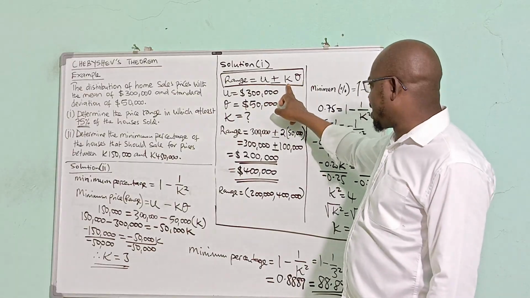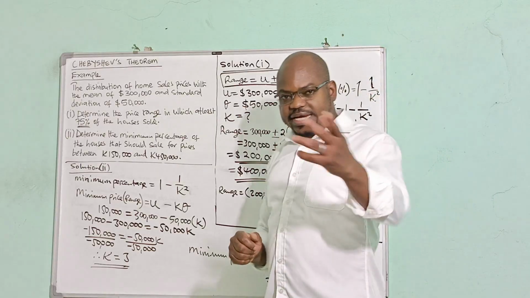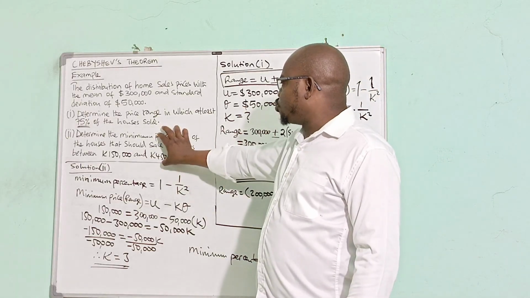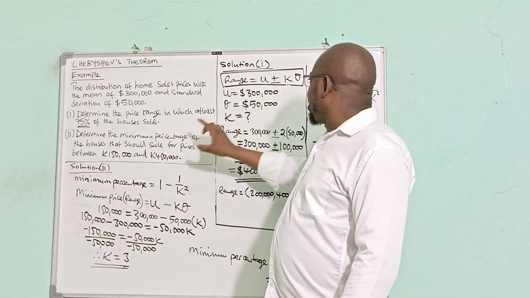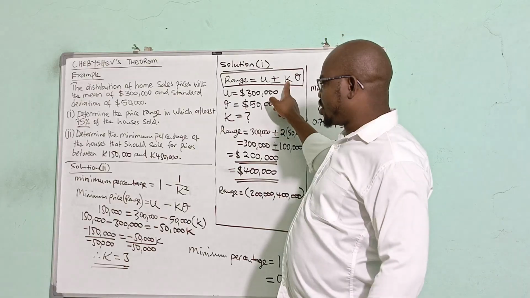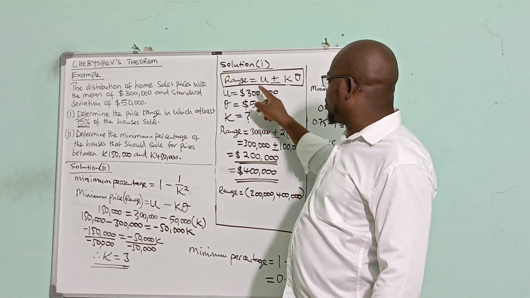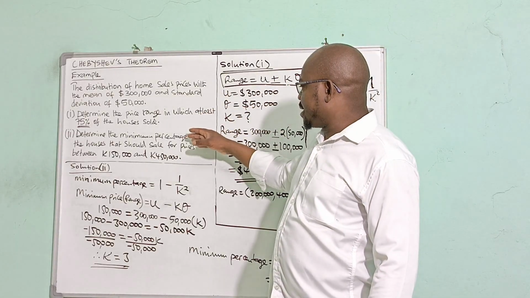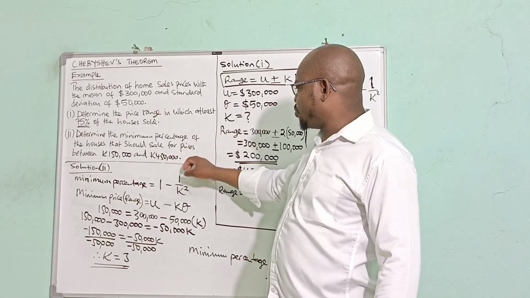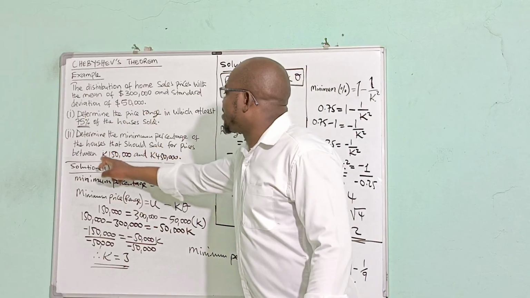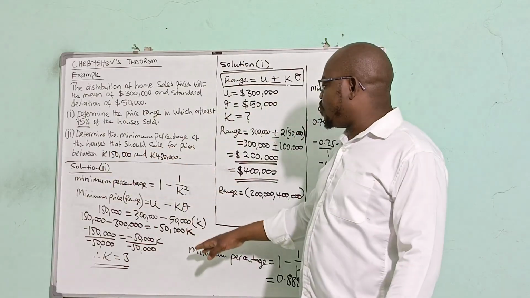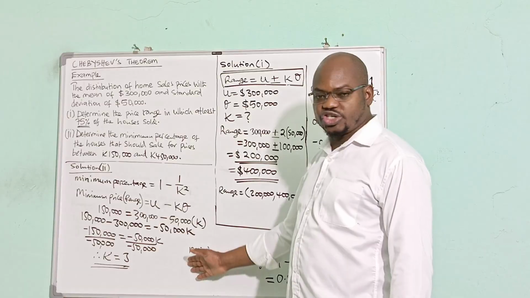What you don't have is the K. Secondly, the examiner will ask you to calculate the minimum percentage. He will give you the range. What he will withhold is the percentage itself, which he is asking you to calculate. So you can use the range to come up with the K, like I have used the range here.